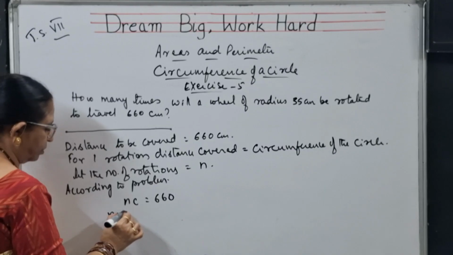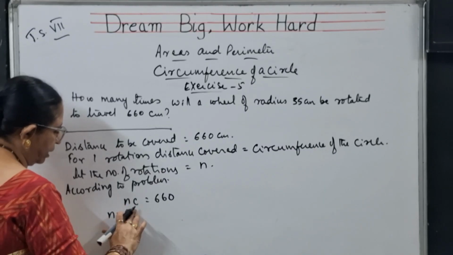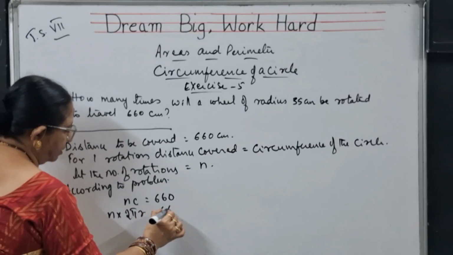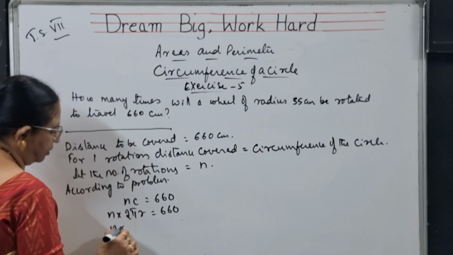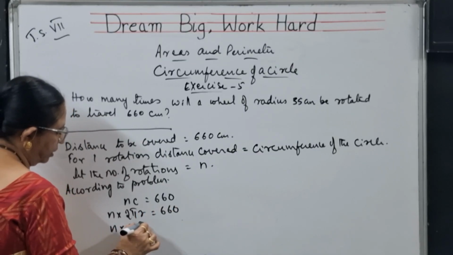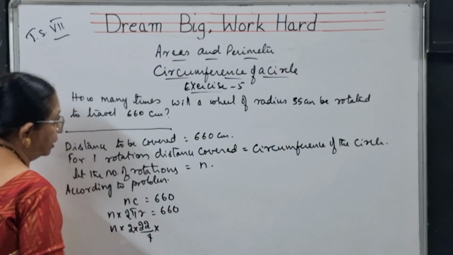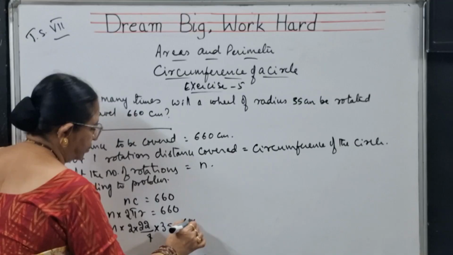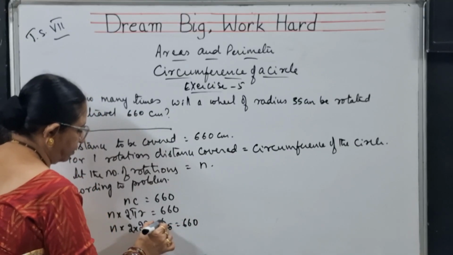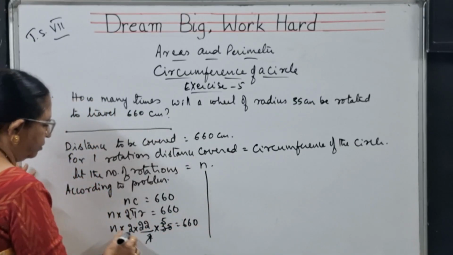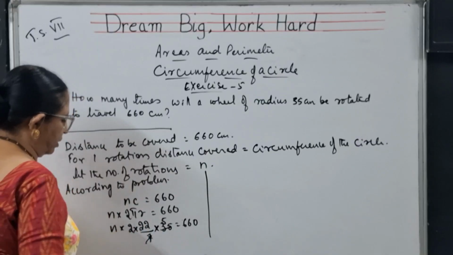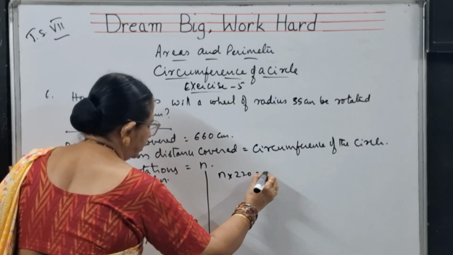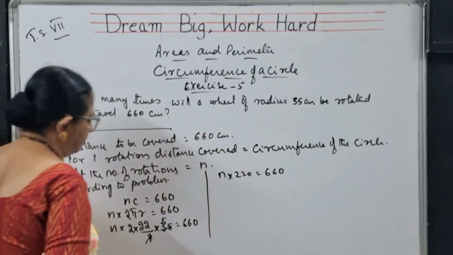That is n into the circumference, which is 2 pi r, is equal to 660. That is n into 2 into 22 by 7 into radius 35 is equal to 660. So 7 5s are 35, I can simplify. So 5 2s are 10, 10 into 22 is 220. So n into 220 is equal to 660.